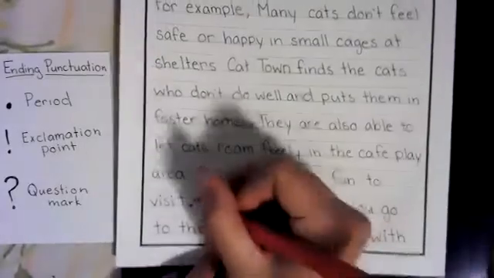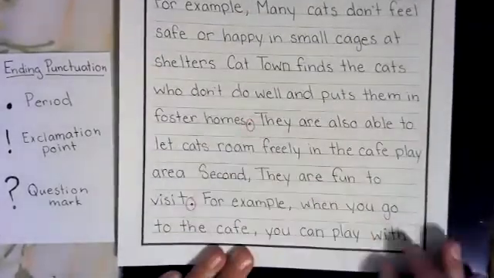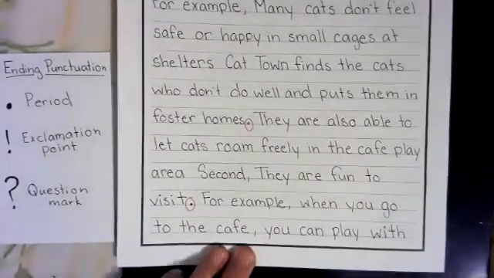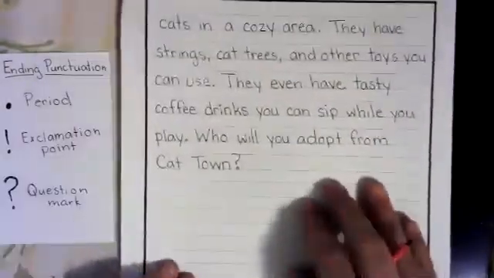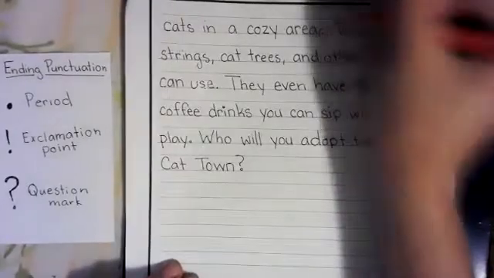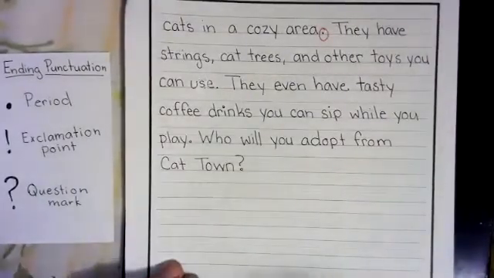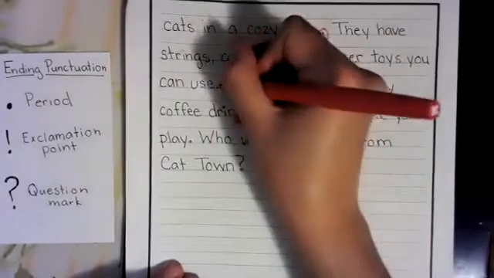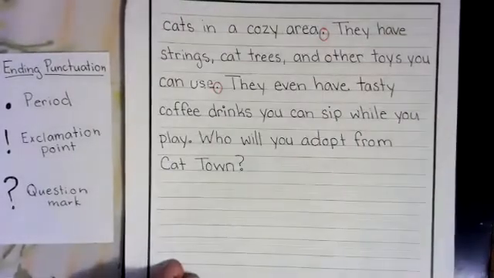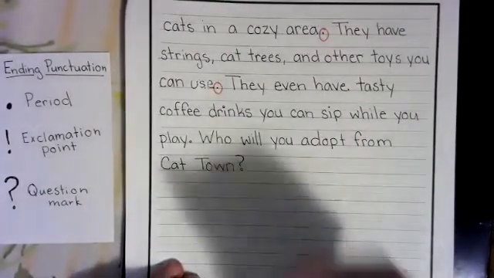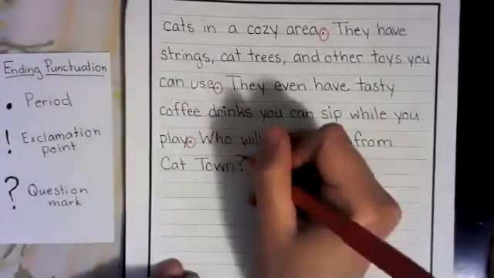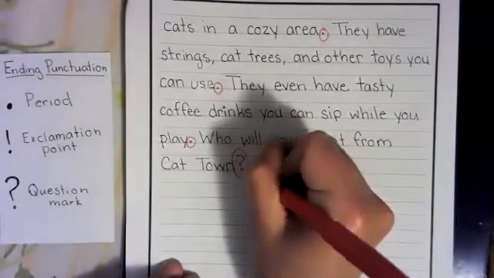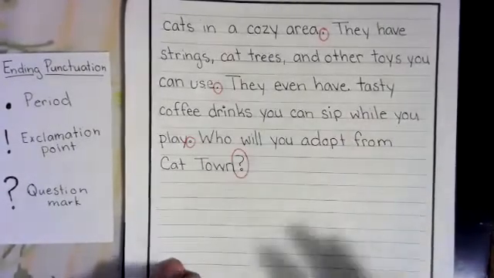Second, they are fun to visit. For example, when you go to the cafe, you can play with cats in a cozy area. They have strings, cat trees, and other toys you can use. They even have tasty coffee drinks you can sip while you play. Who will you adopt from Cat Town? And that's a question mark at the end because I'm asking a question.